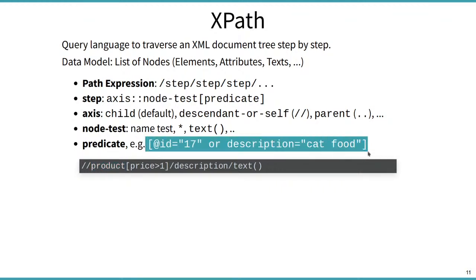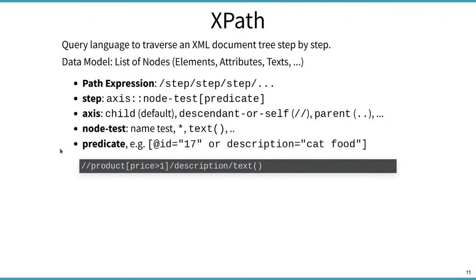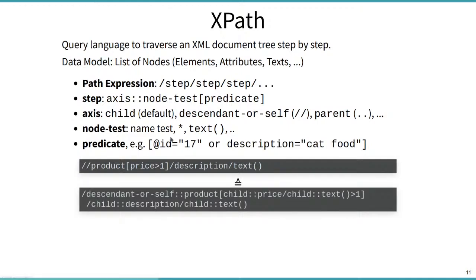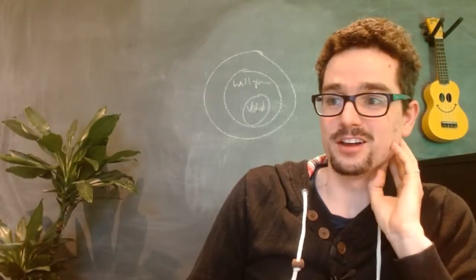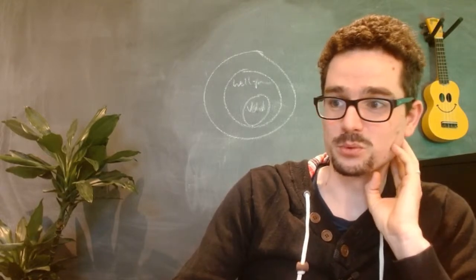If it fulfills the predicate, then we continue here, otherwise this node is not considered. Okay, and this is the long form for this, descendant-or-self, and so on. These XPath expressions are similar to JSON path expressions, which we look at next week.